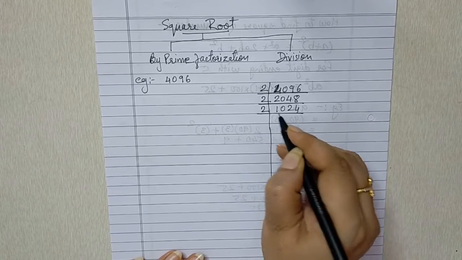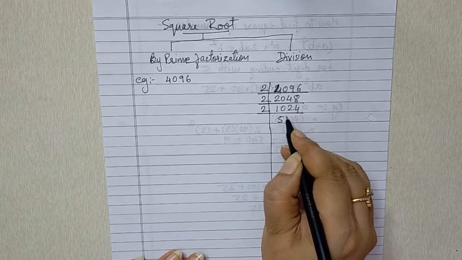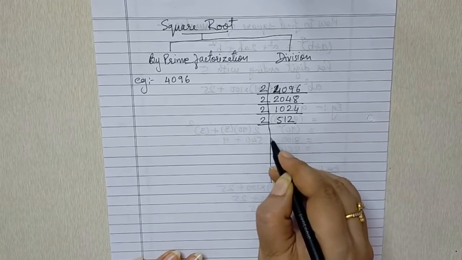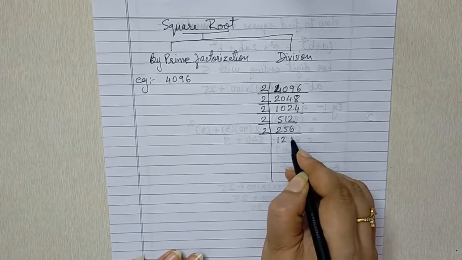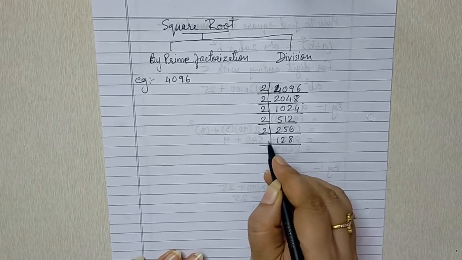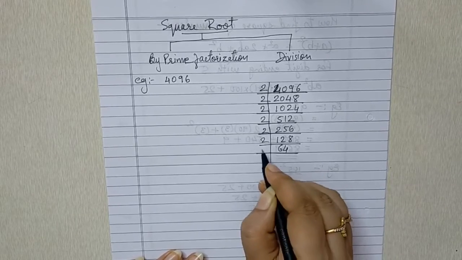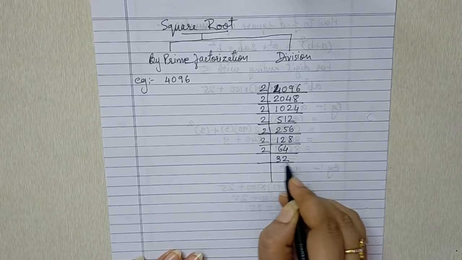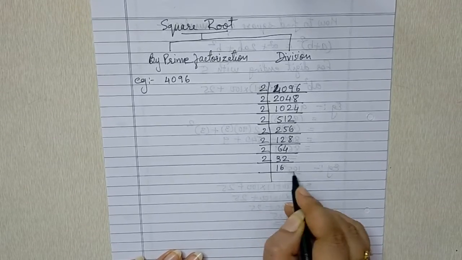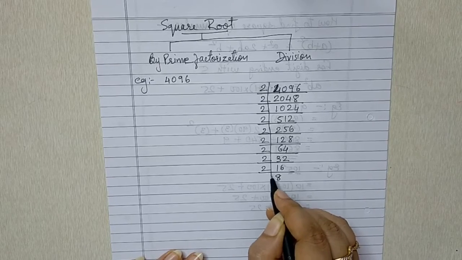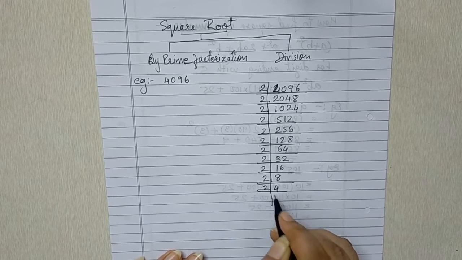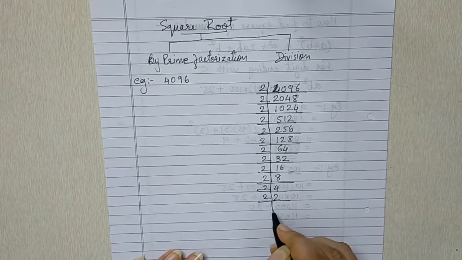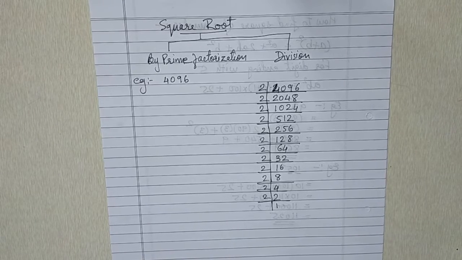Again by 2 we get 512. Then we get 256. Then 128. Then 64. Then 32. 16. Then 8. 4. 2 and 1.